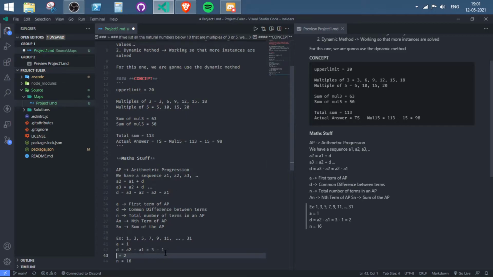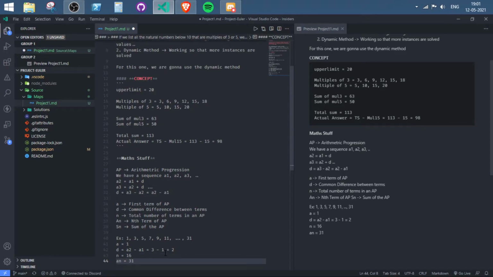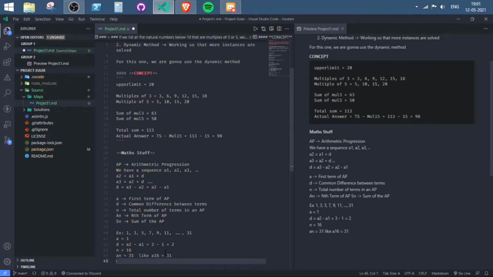Next we have an equals 31, which means a16, we can call it a16 as well. A16 equals 31. That is the nth term. And that's the basic concept of it.